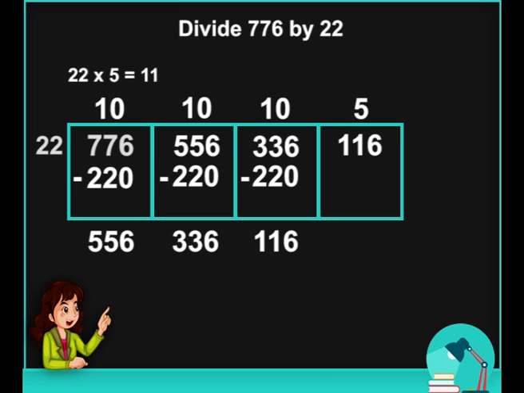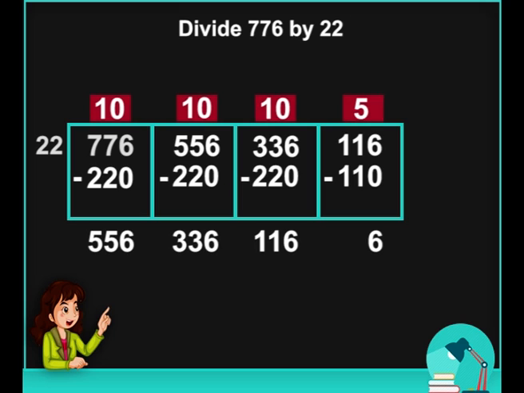We will take 5, that is half of 10, and when we multiply 5 by 22, we will get 110, which is half of 220. Subtract 110 from 116 and we are left with 6. 6 is less than the divisor 22. We stop adding additional boxes here and our division ends here.